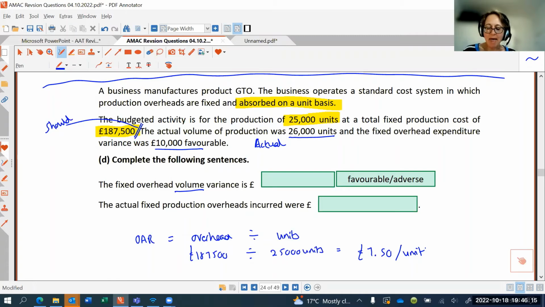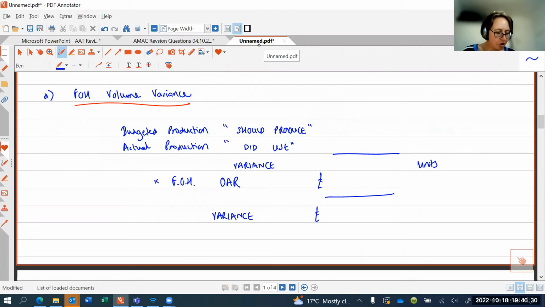Now, once I know that, and because I've learned the pro forma, I think I'm good to go. I'm now going to fill in the pro forma, fill in the blanks. Let's see what it says. It says, what should you produce in terms of units? That was the budget, wasn't it? The budget was 25,000 units.